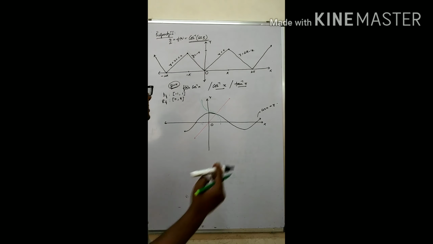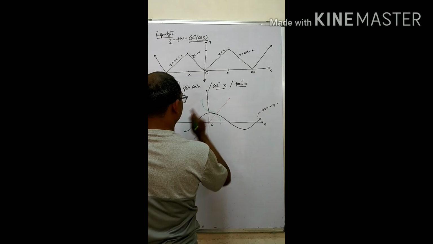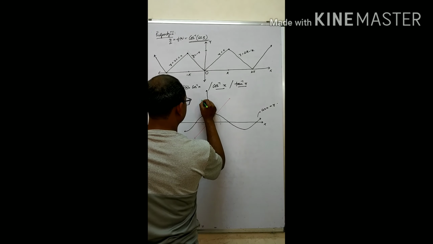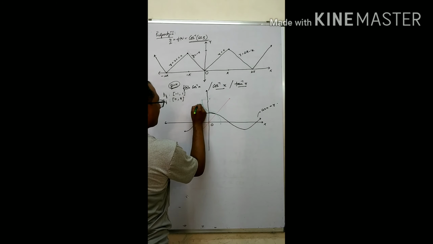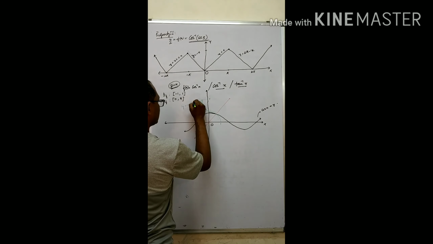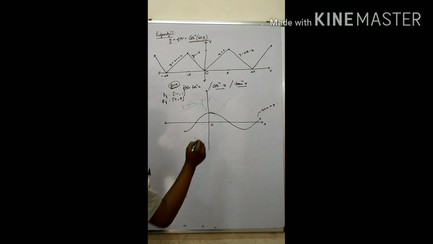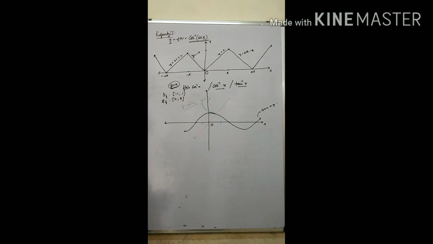Let me extend a bit. So this point here will be pi. So this will be the graph of y equal to cos inverse of x. Again, the black one is cos x, and the green one is cos inverse of x.